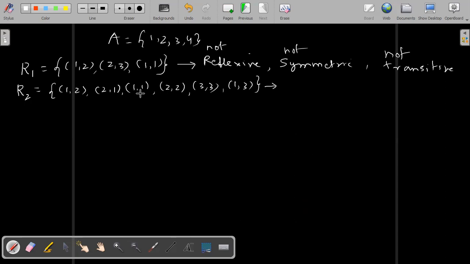Where is 4, 4? For reflexive, you have to check 1, 1, 2, 2, 3, 3, 4, 4. All numbers. Here 4, 4 does not belong to R1.